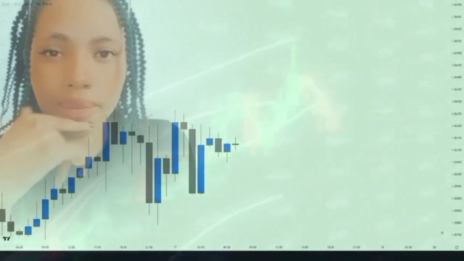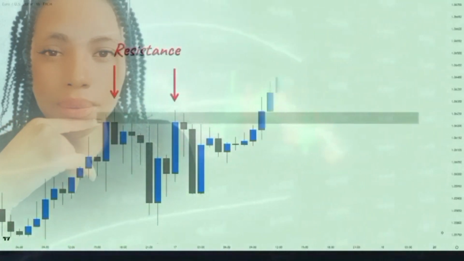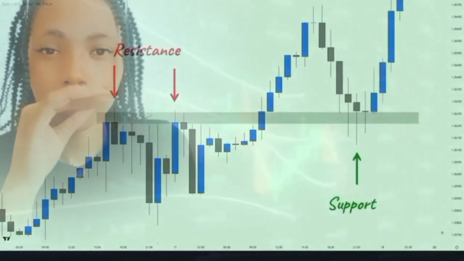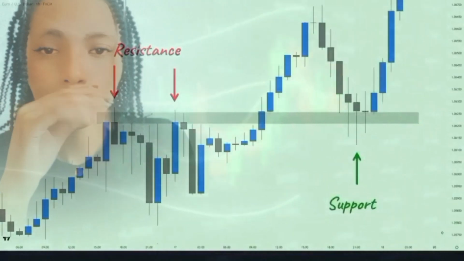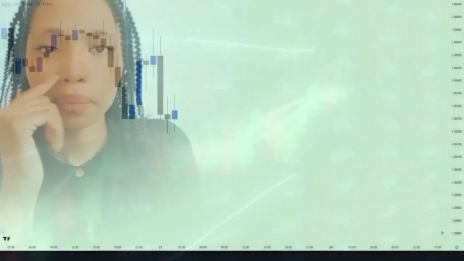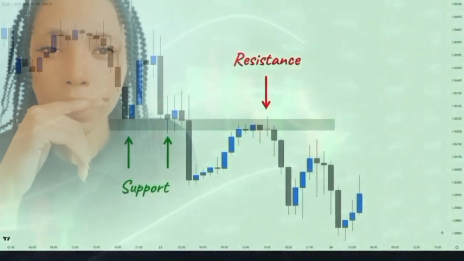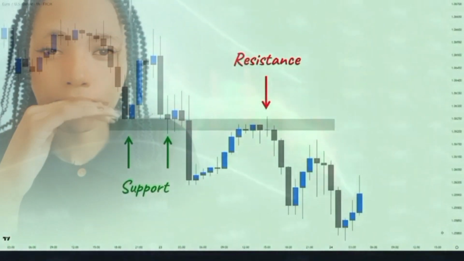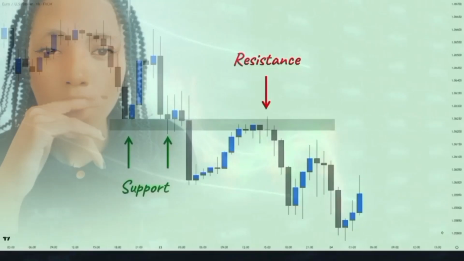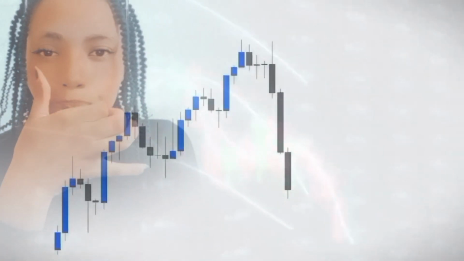From basic price action, we know that whenever the price breaks through a resistance level, it becomes support due to the behavior of market participants. Similarly, whenever the price breaks through a support level, it becomes resistance when the market taps into that area. Again, the same concept applies to order blocks as well.